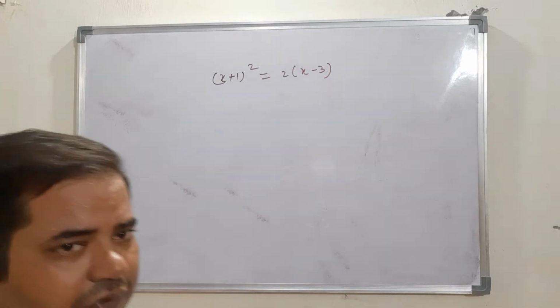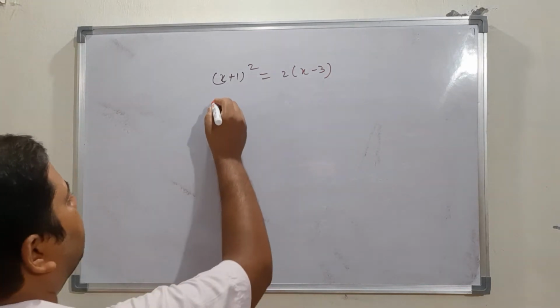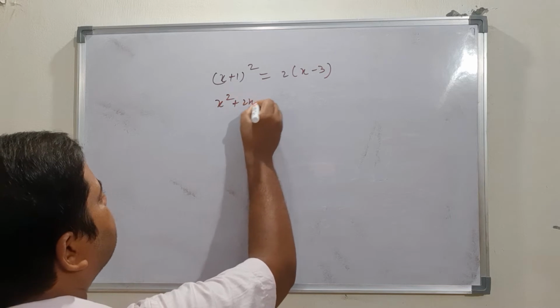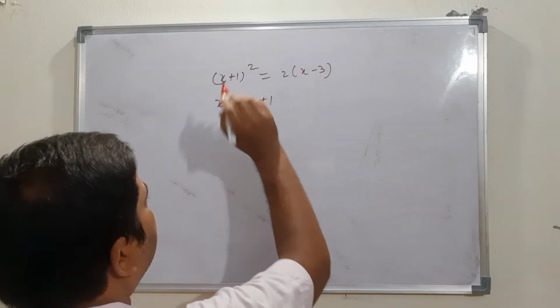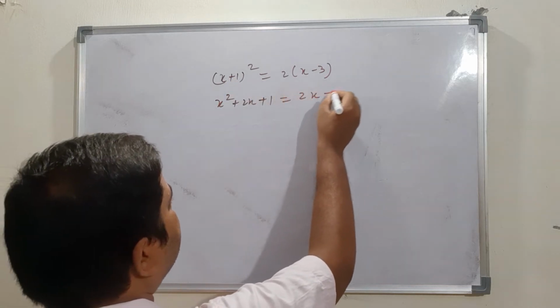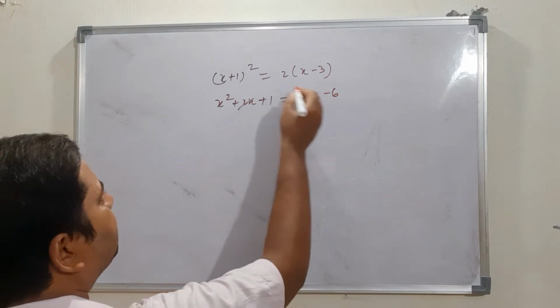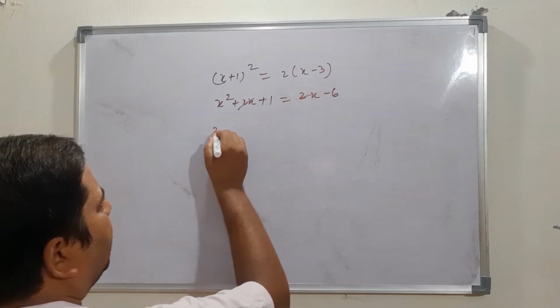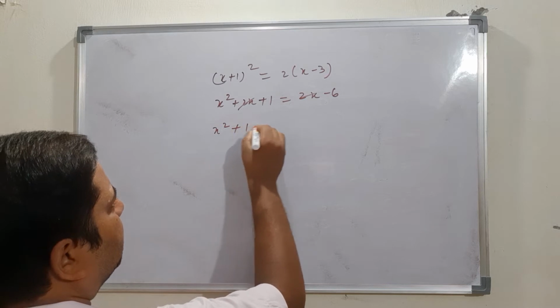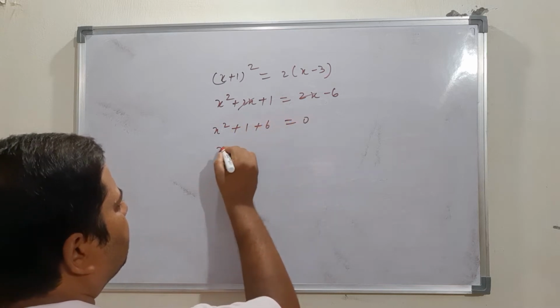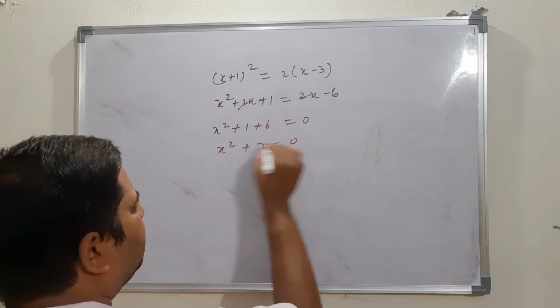So let us see the first one. x square plus 2x plus 1 is equal to 2x minus 6. So 2x cancelled out. x square plus 1 plus 6 is equal to 0. So x square plus 7 is equal to 0.